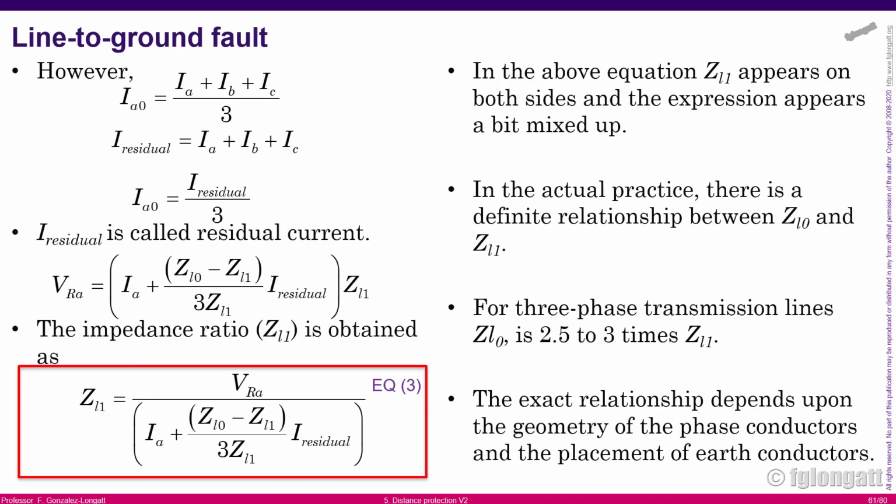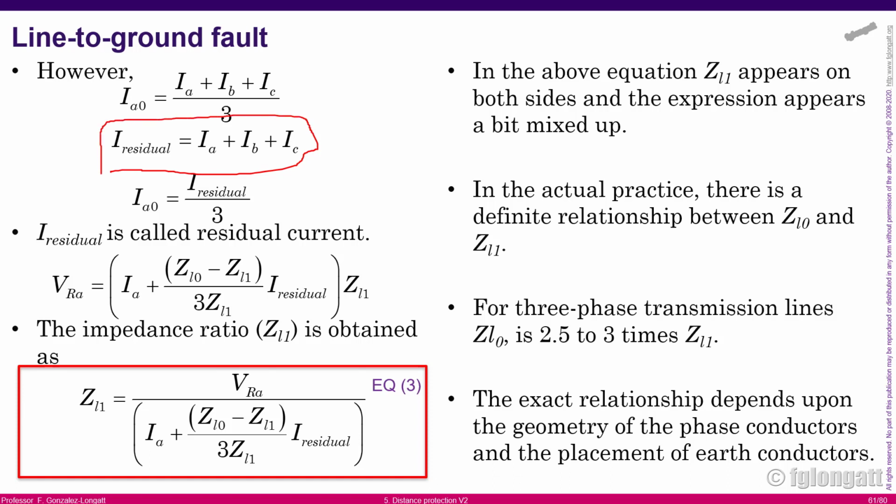You must remember that the zero sequence current is equal to the sum of ABC divided by 3. You must remember that, okay? And the sum of ABC is what we call in protection the residual current, okay?